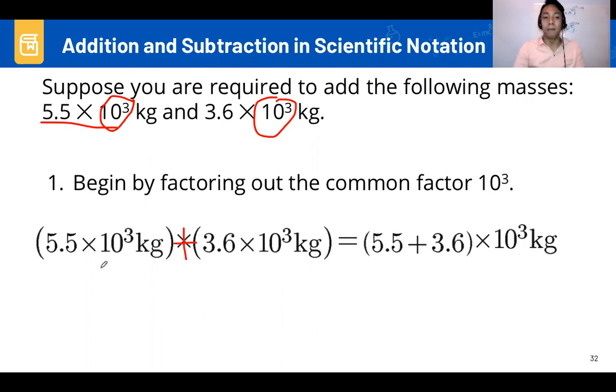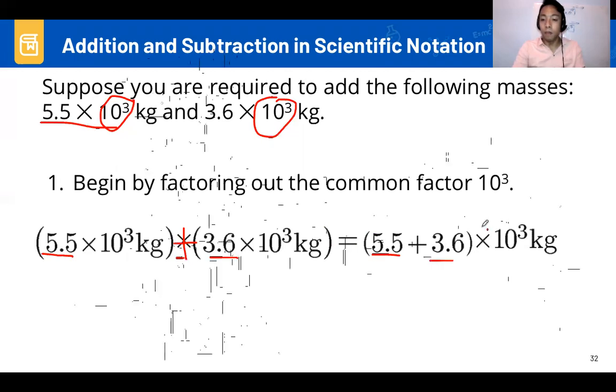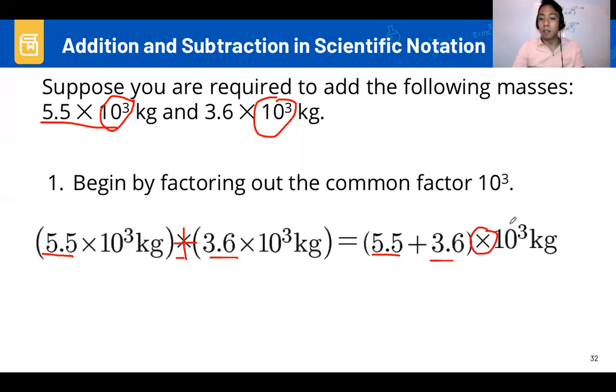How to add them? So just copy 5.5 plus 3.6. Do not forget this one. Okay, these are the constant. We don't need to replace, we don't need to change. It will remain there. So since we have the same 10 cube and 10 cube, we also have 10 cube here.